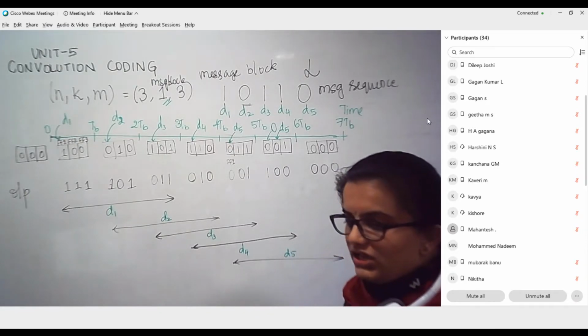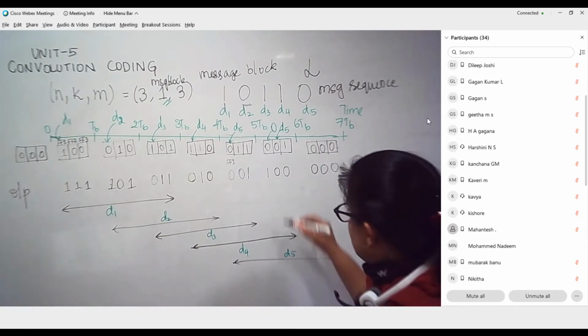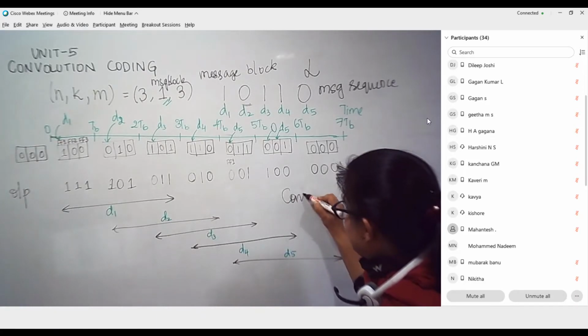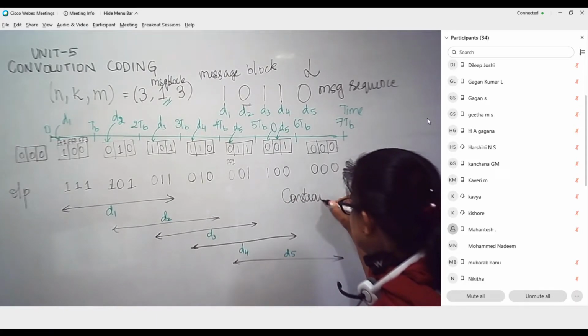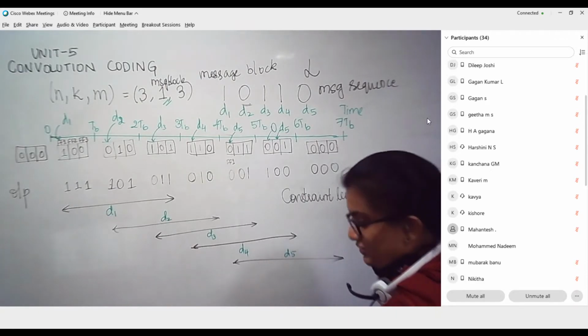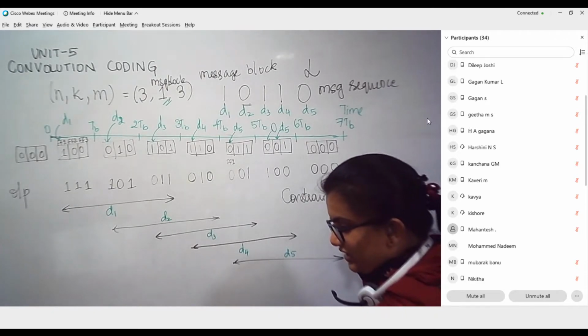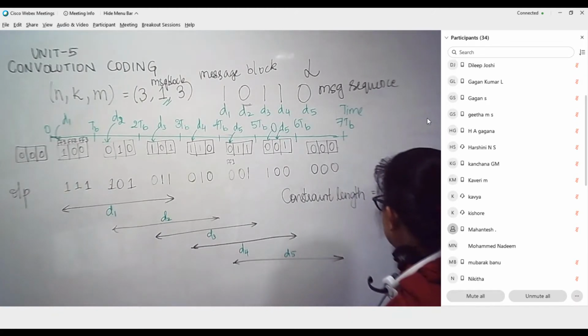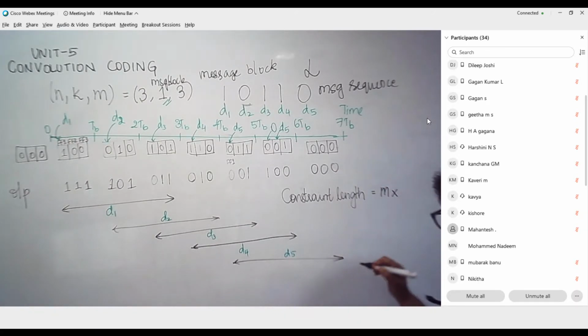And for every convolution encoder, there is a parameter known as constraint length. We will see what this is later. The constraint length of a convolution encoder is given by the number of flip-flops m multiplied by the length of the code word generator.